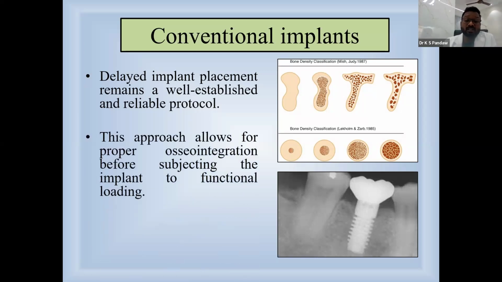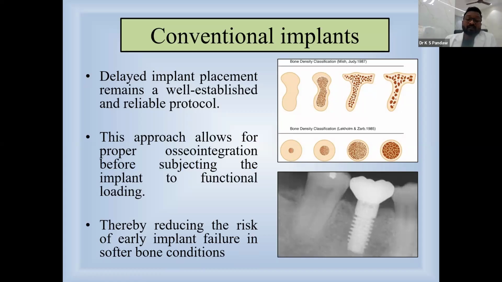This approach allows proper osseointegration before subjecting the implant to functional loading. Hereby we reduce the risk of early implant failure in soft bone conditions. So we can use delayed implant placement in soft bone and in high stress bearing areas.